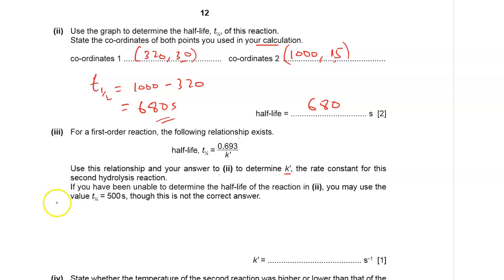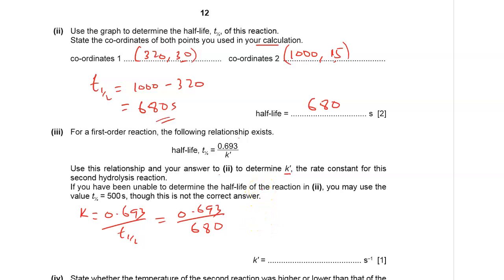So we want to determine k. k is equal to 0.693 over the half-life, which is 0.693 divided by 680.